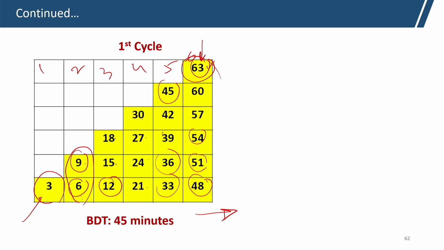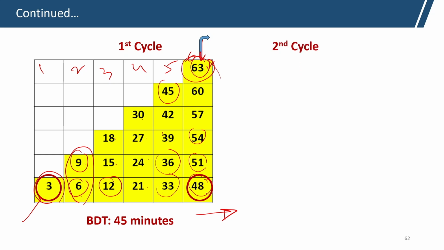Now, here the blending delay time is 45. How come it is 45? If we remove this, you can see this one and this one, it is the feeding time. This is 48, and if we subtract 3 from 48, it will be 45 minutes blending delay time.